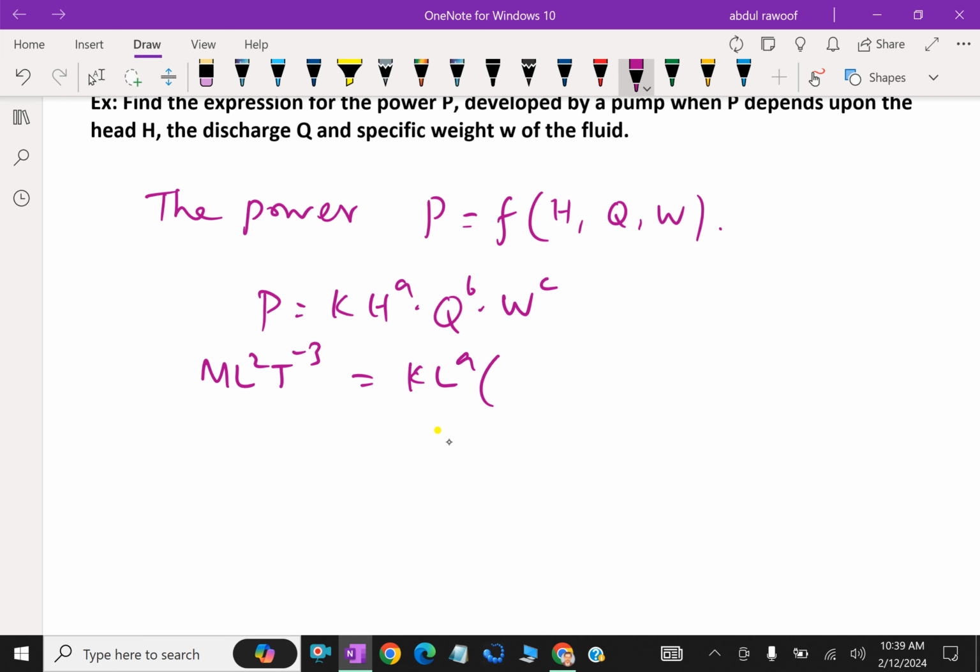Q is meter cube per second, that is L cube per time, power b, and W is M L power minus 2 T power minus 2, power c.